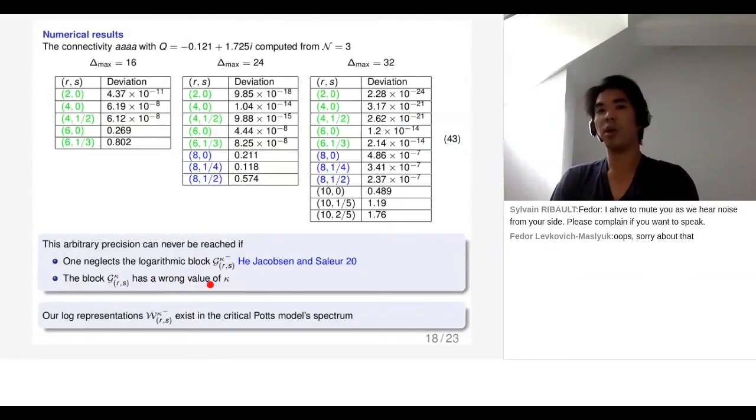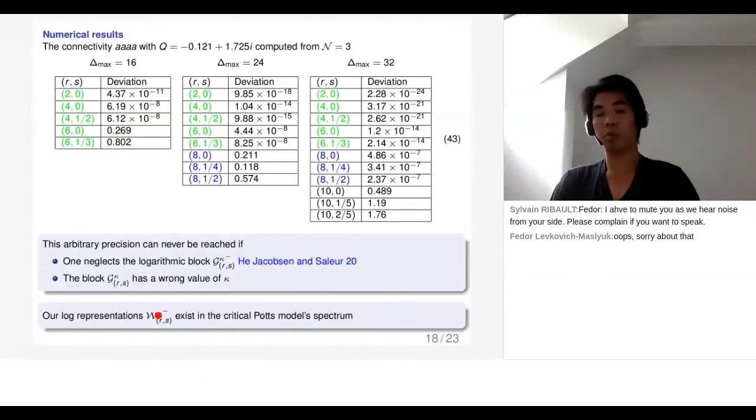And again, one will find that this kind of arbitrary precision can never be obtained. So this means that the logarithmic block with this specific value of kappa minus here is really relevant to these connectivities. Or in conclusion, our logarithmic representation with this kappa minus indeed exists in the spectrum of the critical Potts model.